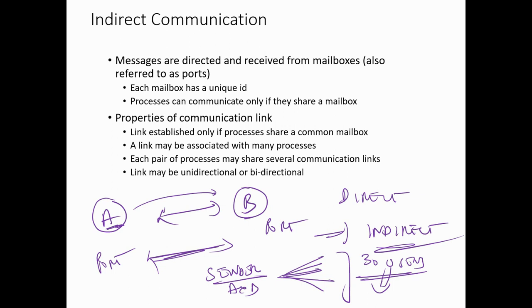So the link may be associated with many processes, and each pair of processes may share several communication links, and a link may be unidirectional as well as bidirectional. Why? Because once I send, I can receive messages from the users. Clear about direct communication and indirect communication, right?